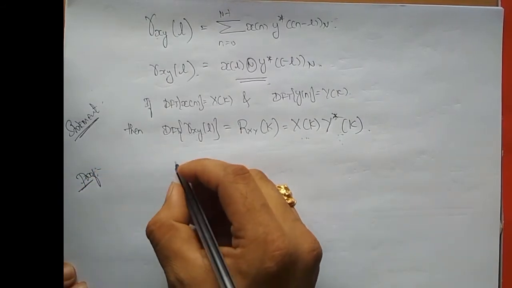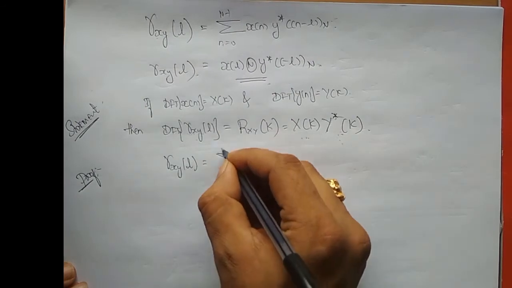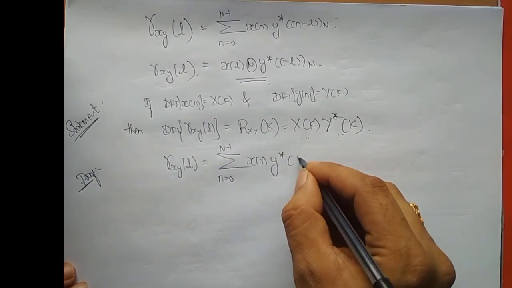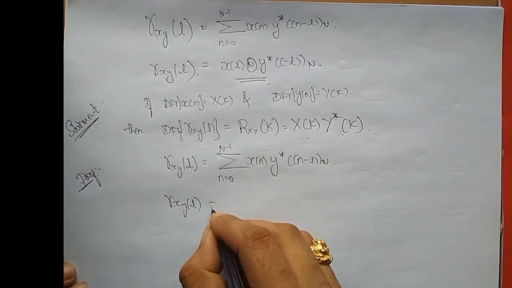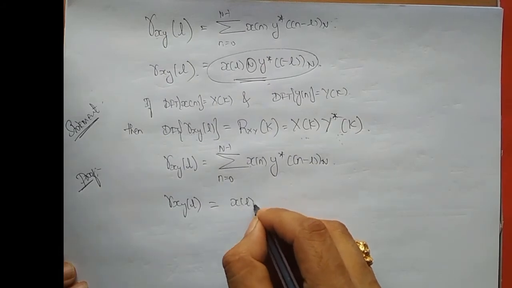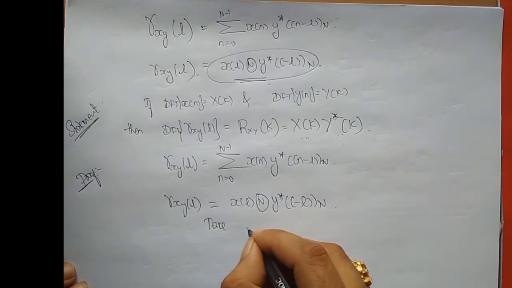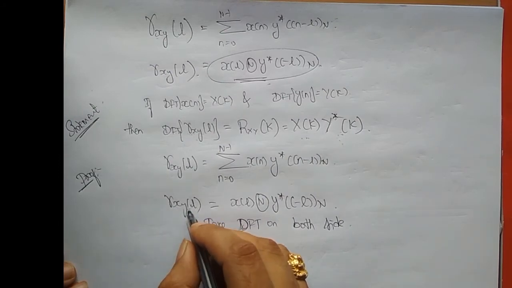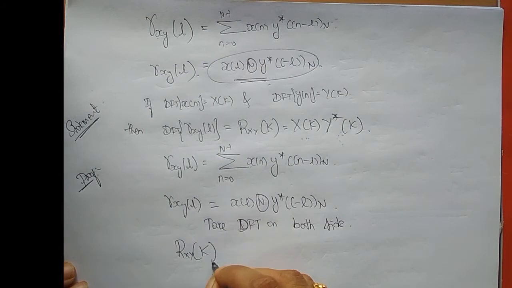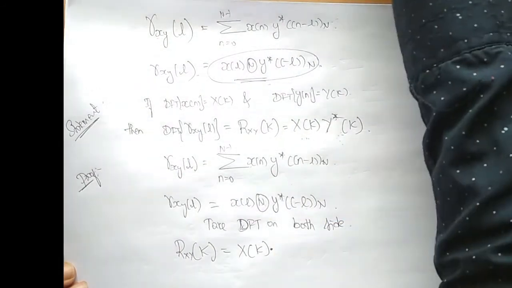Proof. Rxy of L is given by, as per this equation, summation n varying from 0 to N minus 1 of x of n y star of n minus L mod N. In short, I can write it as x of L circularly convolved with y star of minus L mod N. If I take the DFT on both sides, the DFT of Rxy of L is capital Rxy of k, equal to the DFT of x of L, which is X of k, and convolution in the time domain is multiplication in the frequency domain, times the DFT of y star of minus L mod N, which we have proved.